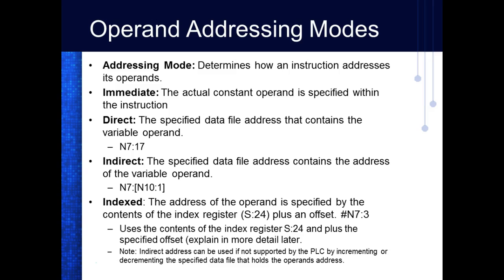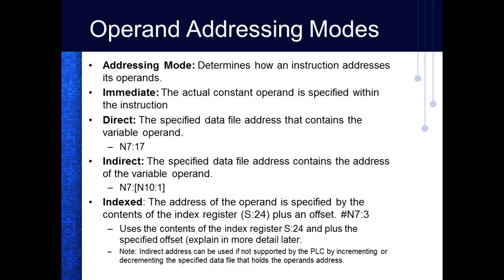The actual constant or the operand is specified within the instruction itself. So some of y'all have said a constant can never be changed, and that's not exactly true in PLCs. In PLCs, a constant you can change, but you have to change the actual program itself. You have to change the instruction itself.